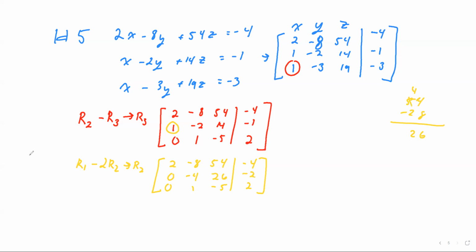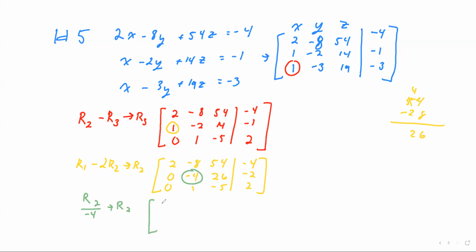All right. Your next move is then you want to make this guy become a 1. And the best way to do that is just do row 2 divided by -4 and put it in row 2.